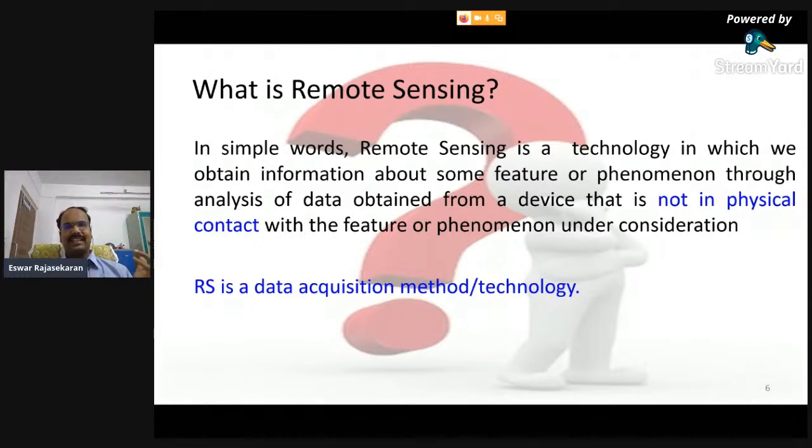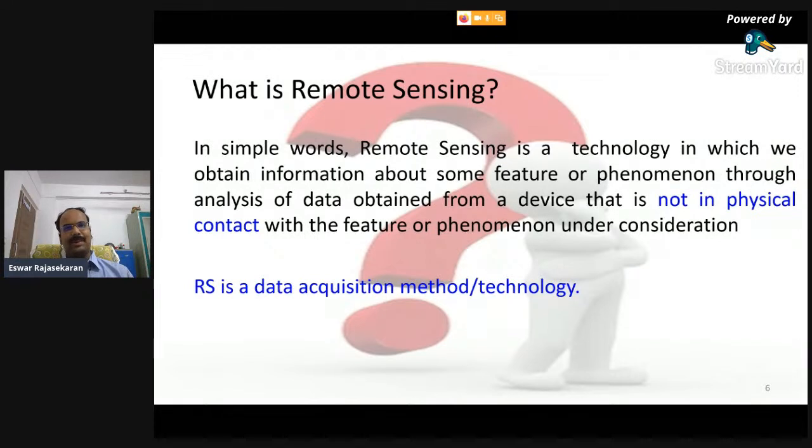So remote sensing is nothing but obtaining information about something, whether it's an object or a phenomenon, through data collected by non-contact ways. Say you want to understand whether there is a fire in a forest region. Without going there, we will take satellite images and see whether there is a fire burning.